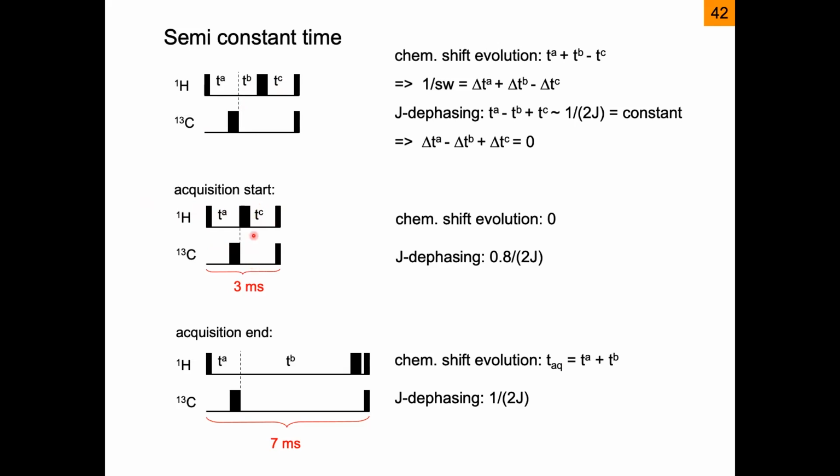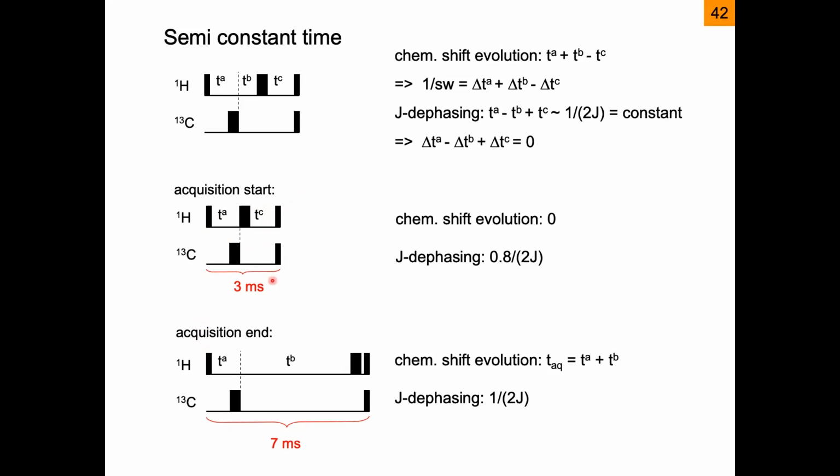And then you increment and decrement the delays in a way that, for example, you shift this 180 here to the right, so that at the very end of the evolution, you have eaten up all this part on the right side, because you want to have the maximal evolution of the chemical shift. And you adjust the carbon 180-degree pulse such that you keep the coupling constant. So the coupling time is TA minus TB plus TC, because it's always inverting.